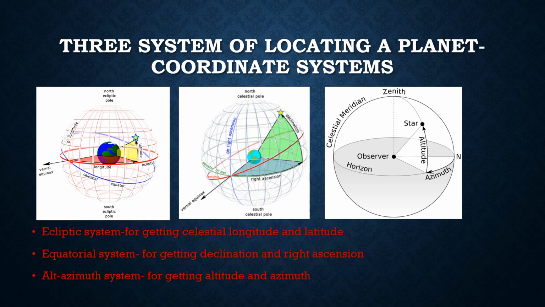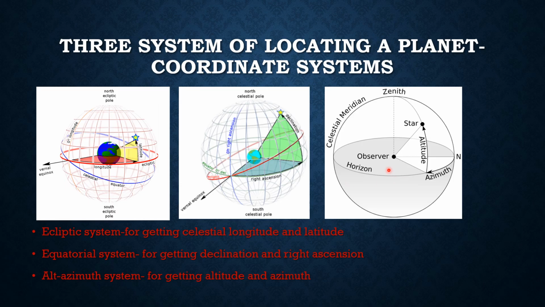In the ecliptic case, from the vernal equinox to the point where the arc coming from the star crosses the ecliptic, that is the longitude, and from this point till the star, the angular distance will be the latitude.